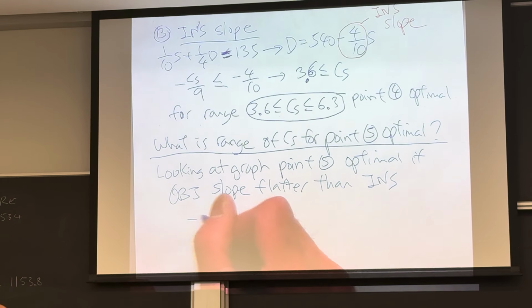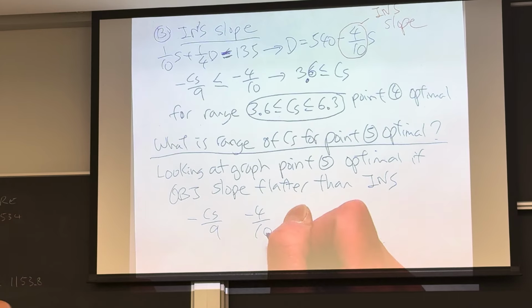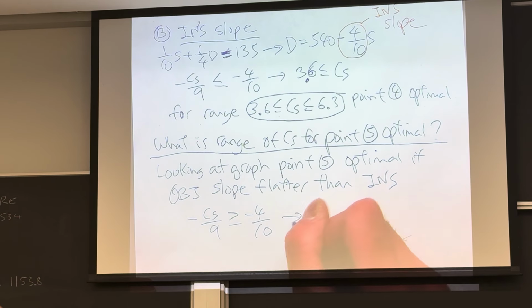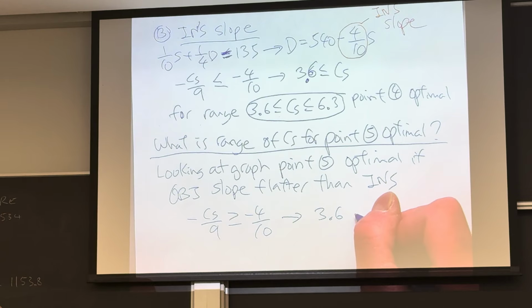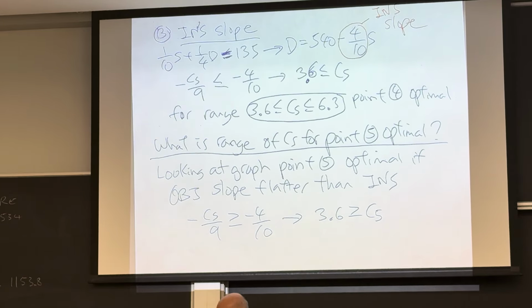So we have all the numbers we need. There's objective, there's INS, flatter is less of a negative number. And so solving, I get CS needs to be smaller than 3.6. But once again, is there like a lower limit of some kind?